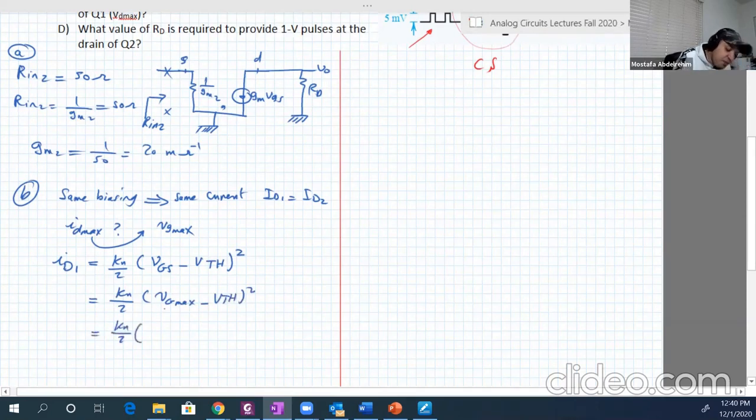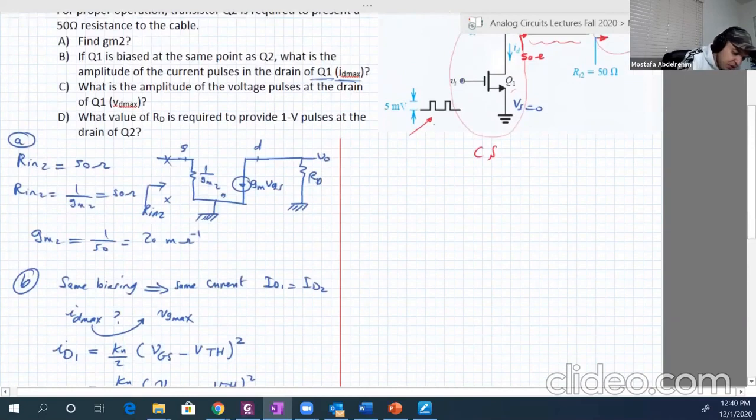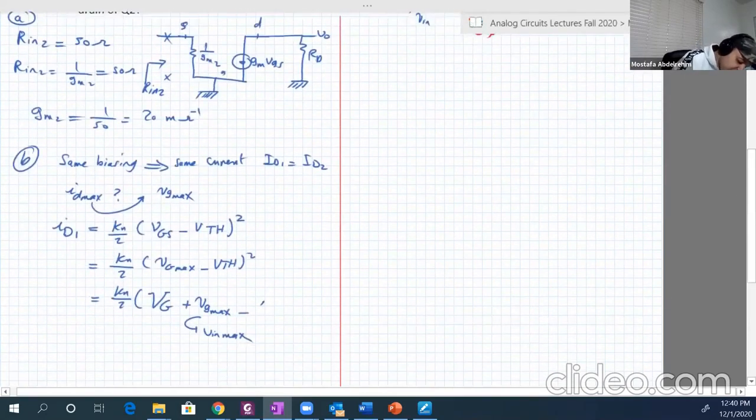And then vG maximum is capital VG, the DC biasing voltage of Q1, plus small vg, which is the V input maximum, by the way, minus V threshold, squared.